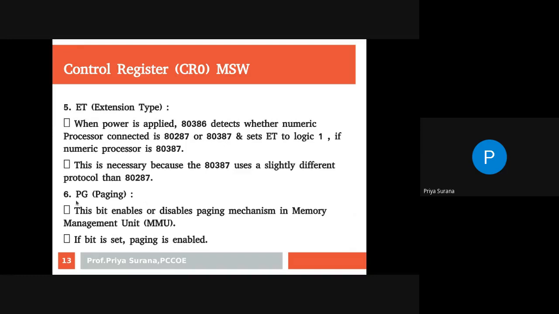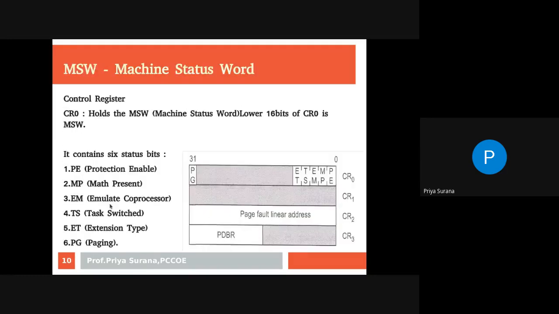Similarly, one more bit is there, but it doesn't fall under the machine status word. We will just go through this bit, because in the diagram, CR0 is a 32-bit register and the 31st bit doesn't fall under the machine status word.